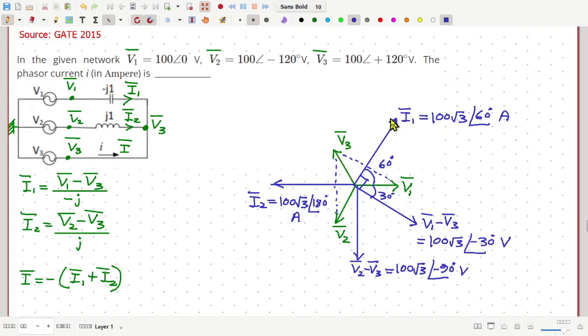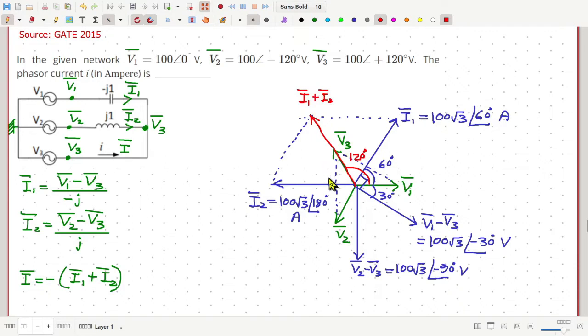So the sum of I1 and I2 will be here, exactly halfway between I1 and I2. So the angle here, this angle, is 120 degrees.